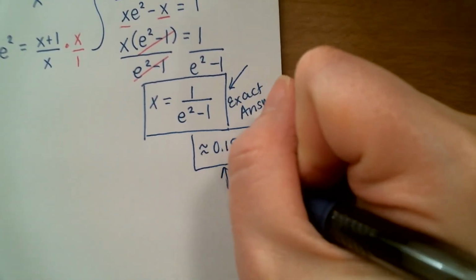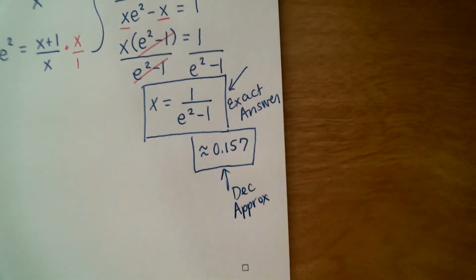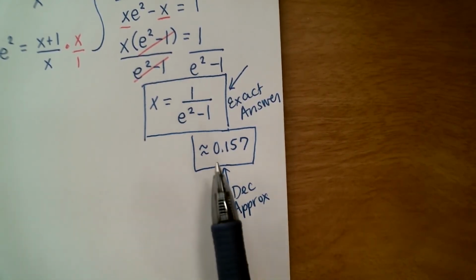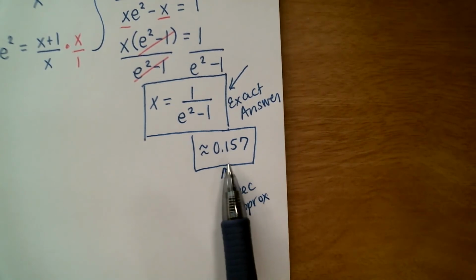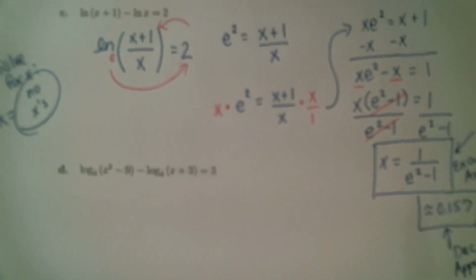All right, so again, you need to check the answer just to make sure that this quantity does not cause you to take the logarithm of 0 or of a negative number if you plug it back into the original. Again, we're not checking for accuracy. So remember, x is about 0.157, so it's a tiny positive number.